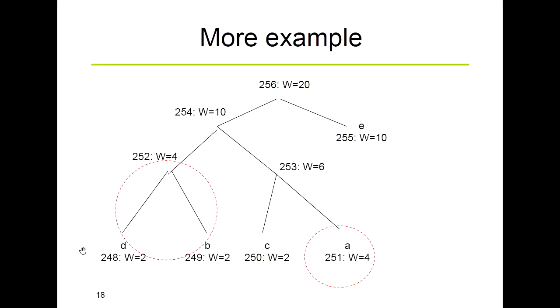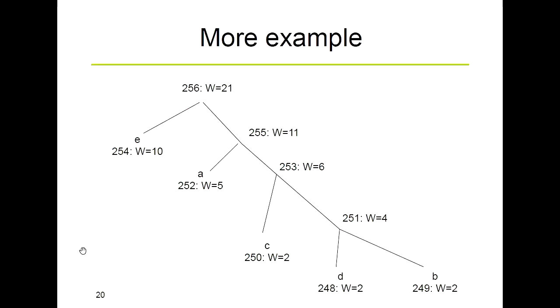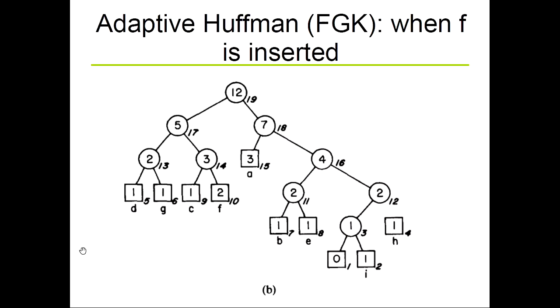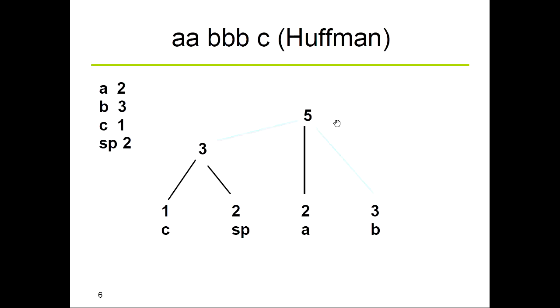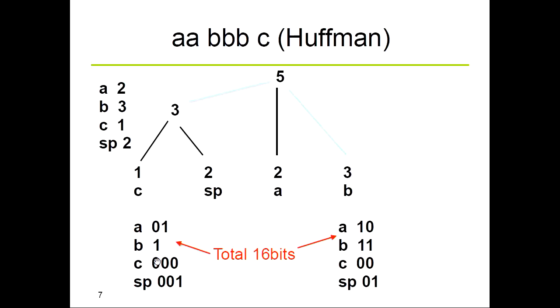Otherwise, nothing changed. It is just trying to differentiate this situation I mentioned to you before. With the Jeff Vitter algorithm, it would prefer the right-hand side rather than the left-hand side.